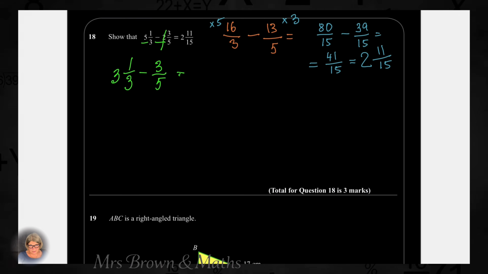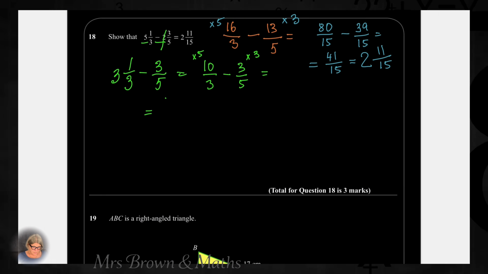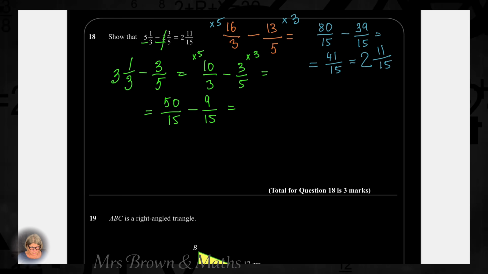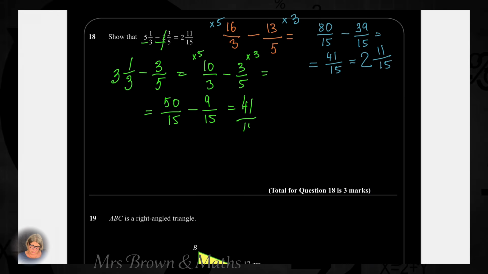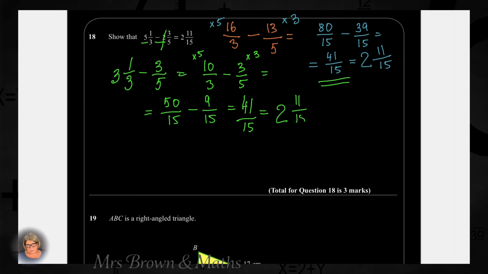Right, 3 times 3 is 9, plus 1 is 10 over 3, minus 3/5. Again, the lowest common multiple is 15, so times 5 here, times 3 here, which is 50 over 15, minus 3 times 3, 9 over 15, which is 41 over 15, which is what we had here, 2 and 11 over 15. Choose the method you like more.